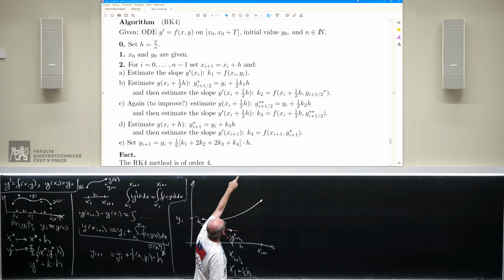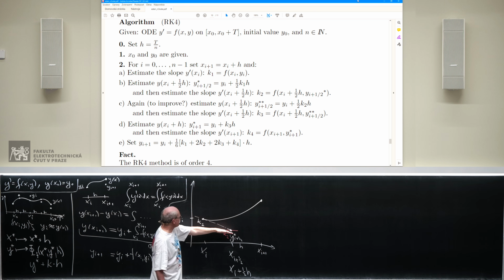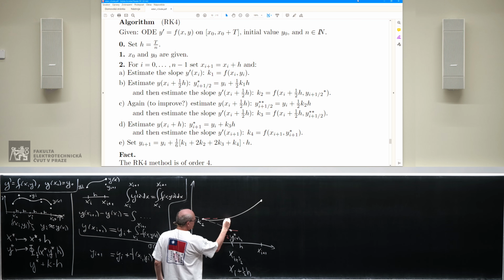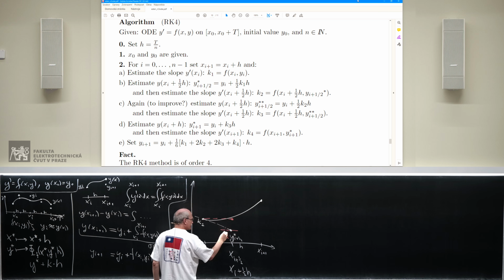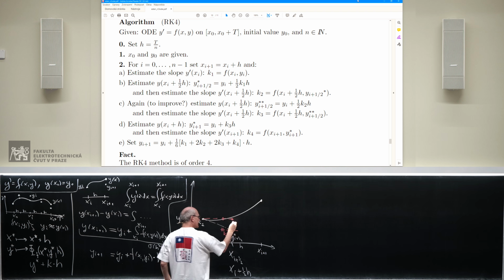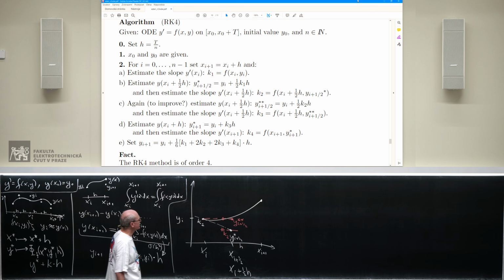So we are going using the slope K2, and we obtain y with 2 stars. Okay, parallel, parallel. I hope this is parallel. We go half the way. So I will show some parallel marks here. And this place is y star star i plus 1/2. Okay. So far, so good.